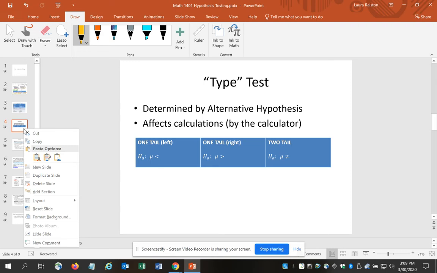So to go back to that idea of the type of test, the type of test is determined solely by the symbol in the alternative hypothesis. And that's important because the calculations that are performed, whether you're doing it by hand or by the calculator or by the free website, are affected by the type of test, whether you have what we call a one-tailed test or a two-tailed test.